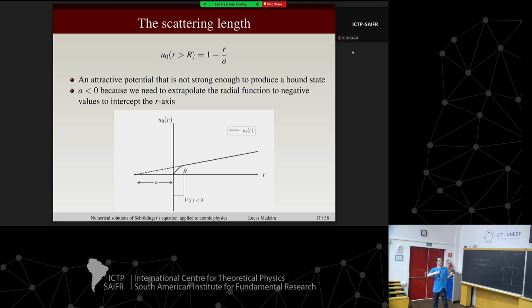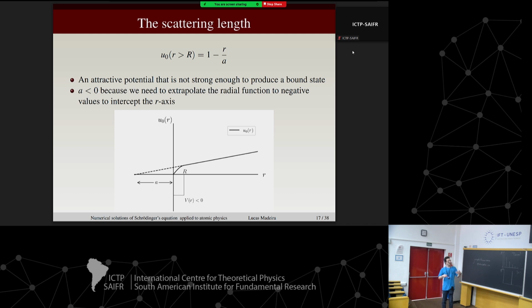But what I can do is look at the wave function outside of the range of the potential and extrapolate it, and then I see where it crosses the R-axis. Then I'm going to say, the scattering length is this big, with a minus sign. Does that make sense? All right, good.